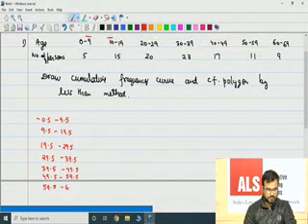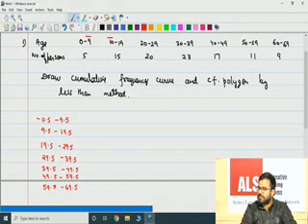So now we have converted the data into continuous class intervals.